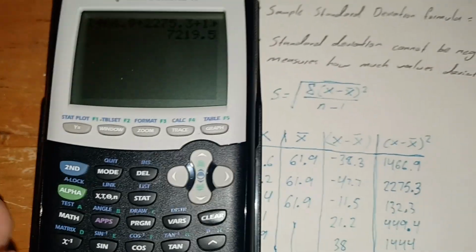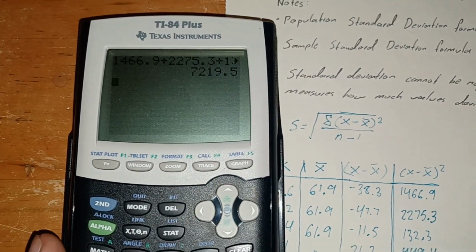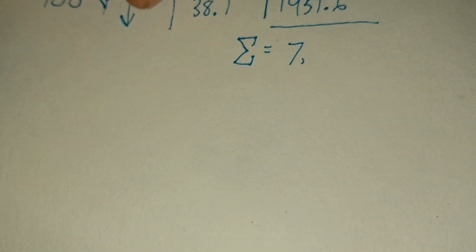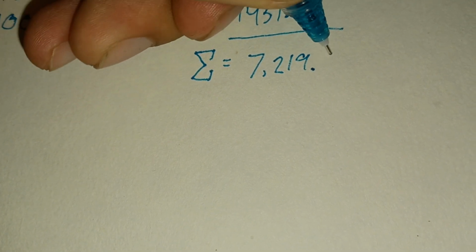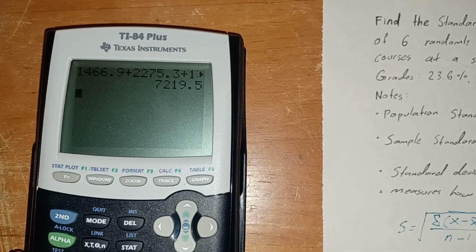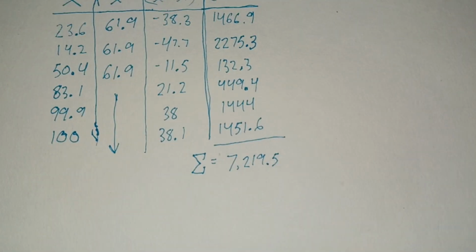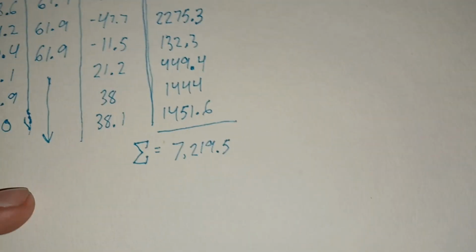That's what we should have gotten for the sum. 7,219.5. That is going to be our sum.